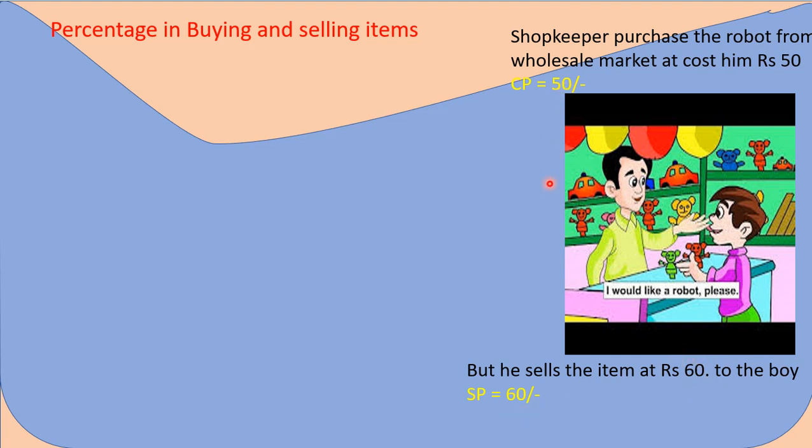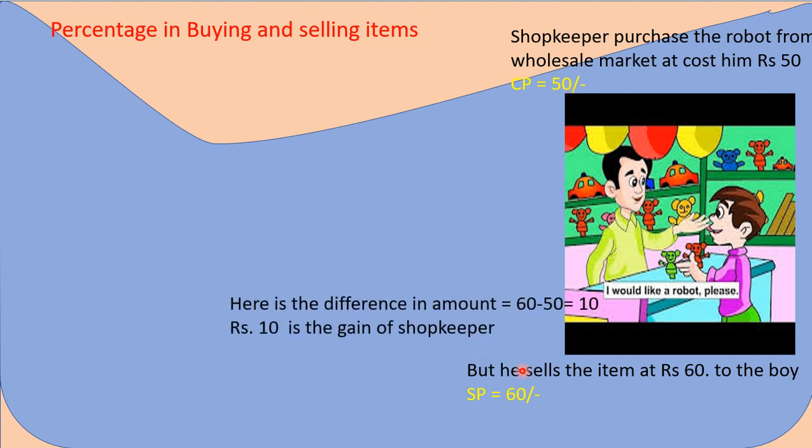Now observe: the cost price is rupees 50 and the selling price is rupees 60. Both amounts are for the same item, but they are different. The difference between these two amounts is rupees 10, and this rupees 10 is nothing but the extra amount which the shopkeeper is gaining.